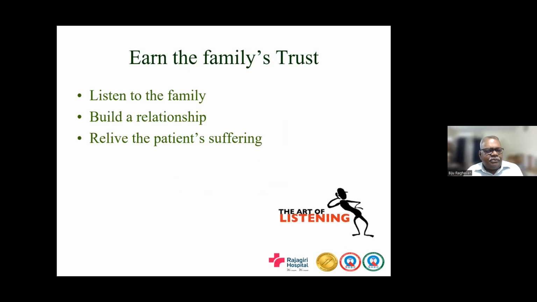God forbid, if somebody who is very close to you is suffering with something, let's say severe breathlessness or severe pain, and you have tried everything possible, or your colleagues have tried everything possible, and still your loved one is suffering in distress, crying, and if somebody else comes over into the scene and relieves that suffering, wouldn't you start trusting that person?